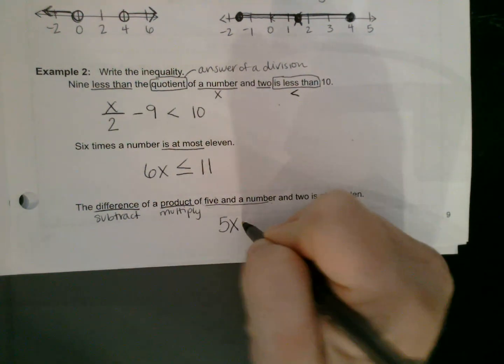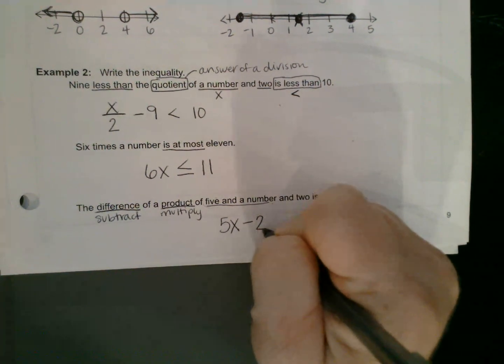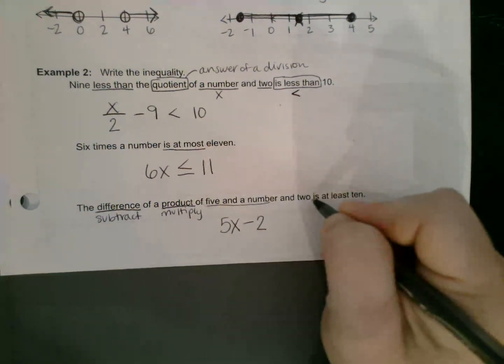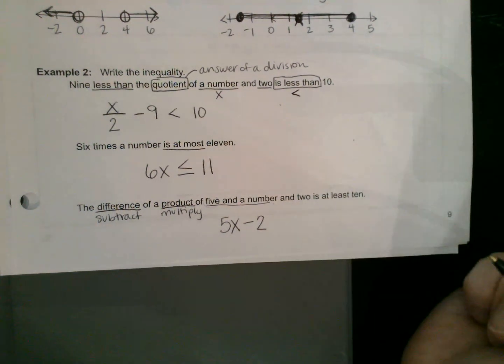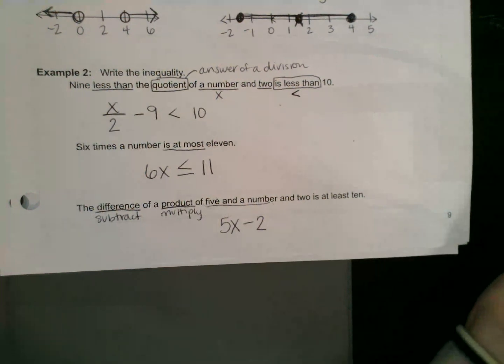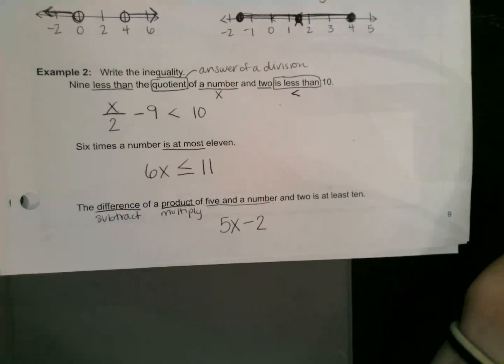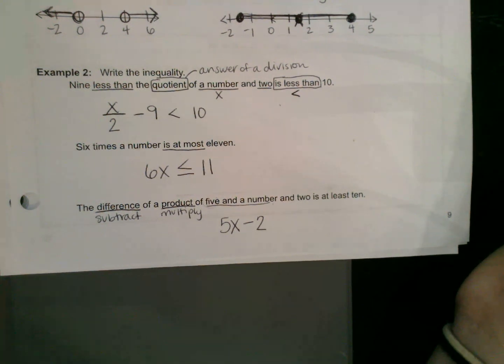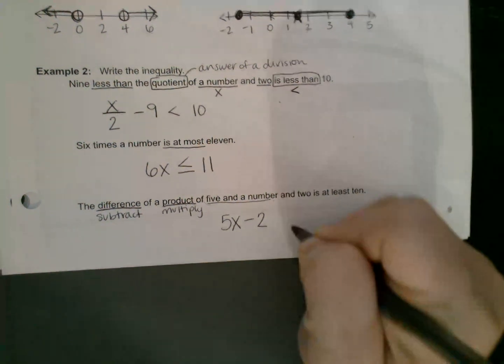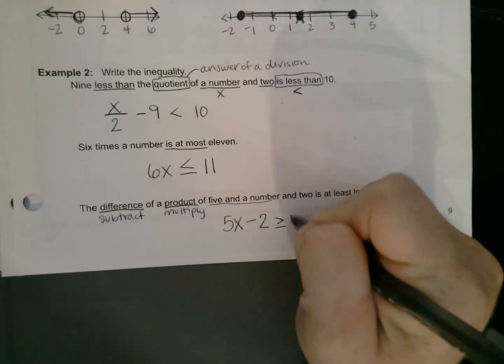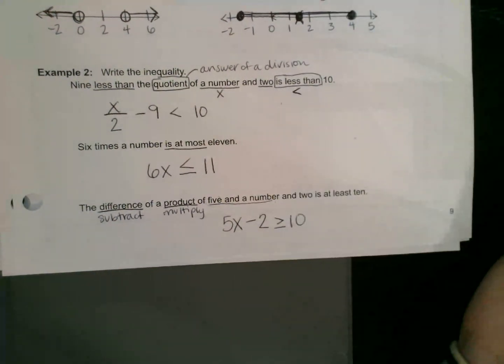So I think this means 5x minus 2 is at least 10. Okay, if I say that something is at least 10, then it's either 10 or it's more. So we would say is at least means greater than or equal to 10.